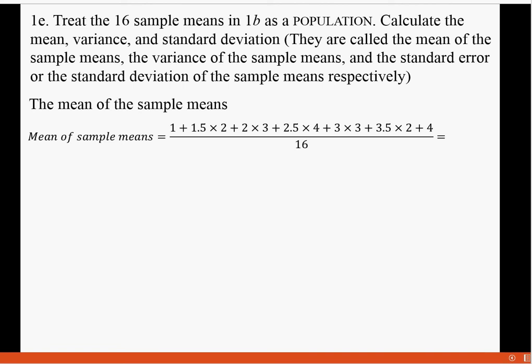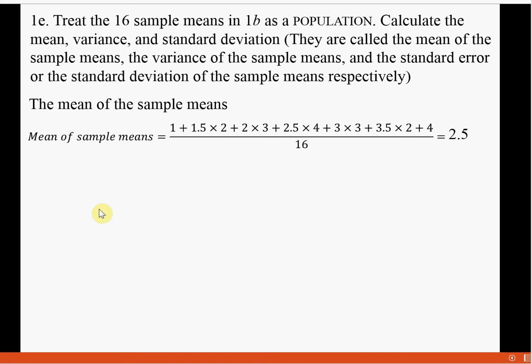Sample mean 3 occurred 3 times, so 3 times 3. Sample mean 3.5 occurred twice, so times 2. Sample mean 4 occurred only once. We put all the sample means together, find the sum, and divide by 16. That'll give us the mean of the sample means. If you complete your calculation, you should get the number 2.5.